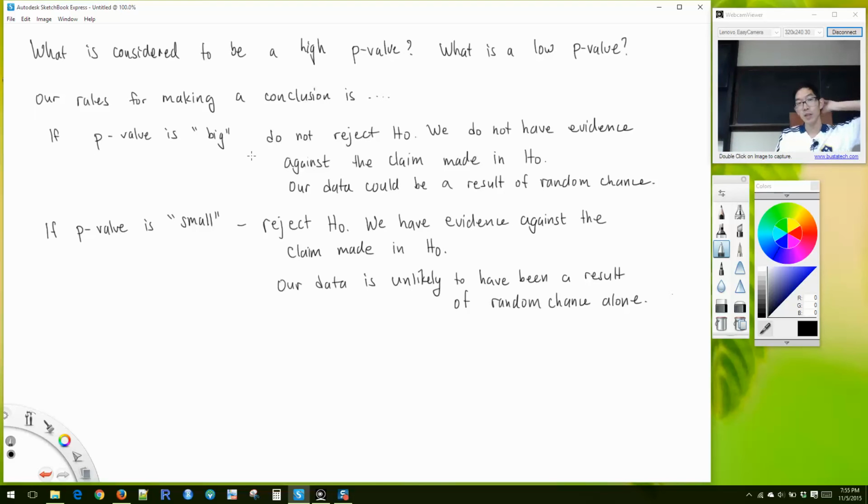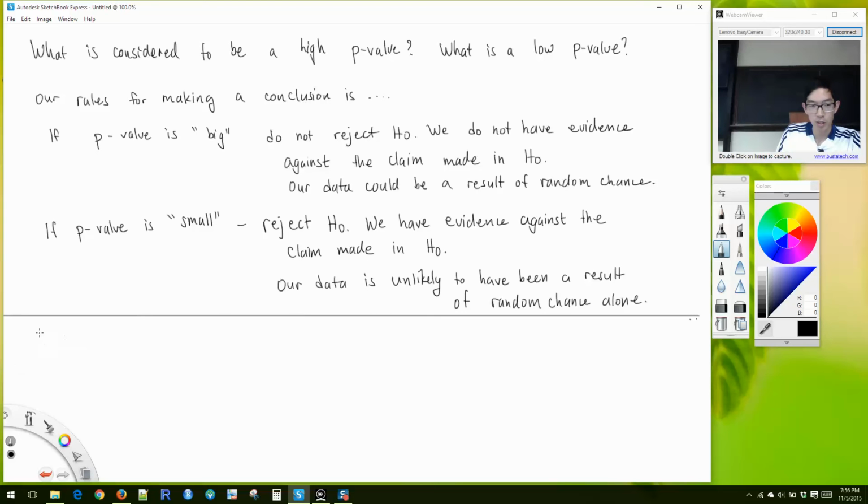So when do we decide our p-value is high or big? When do we decide if our p-value is small? Well, it's kind of arbitrary. Basically the rule is we choose an arbitrary value known as alpha, and this is our significance level.